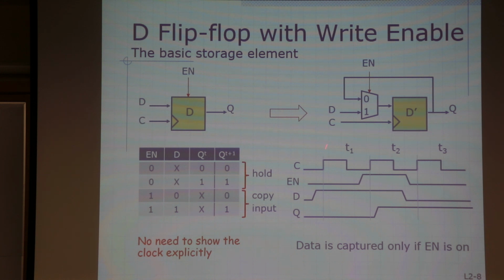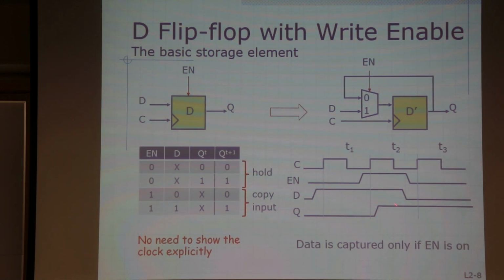So that means no change can happen here, regardless of what you do to data. Change can happen here because enable is high.